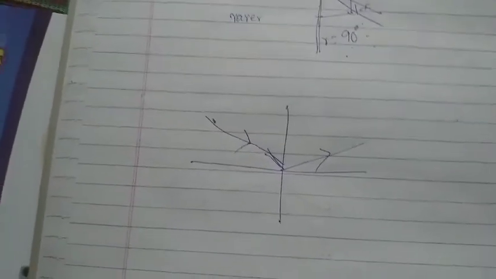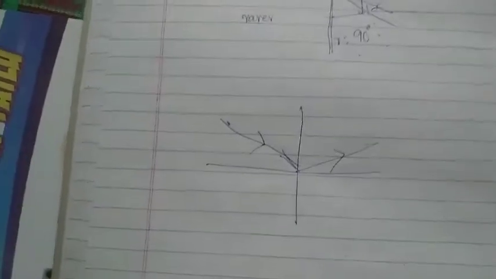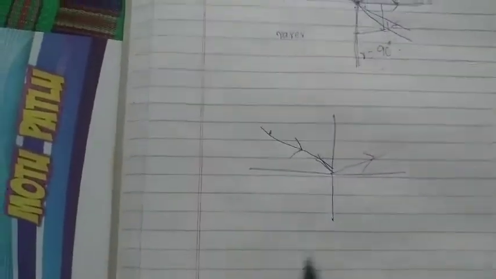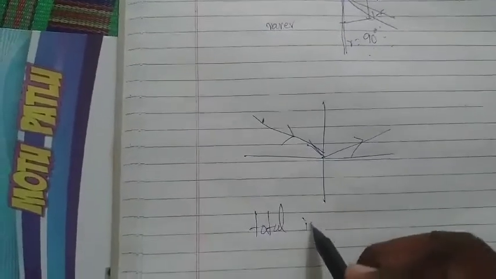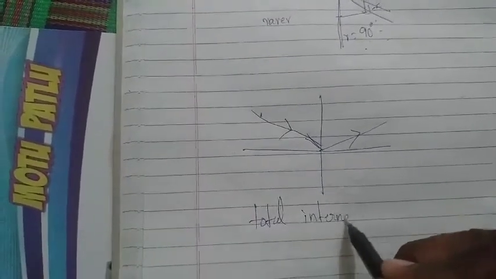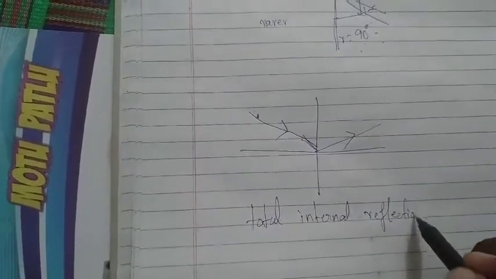What do we call this? This is called total internal reflection.